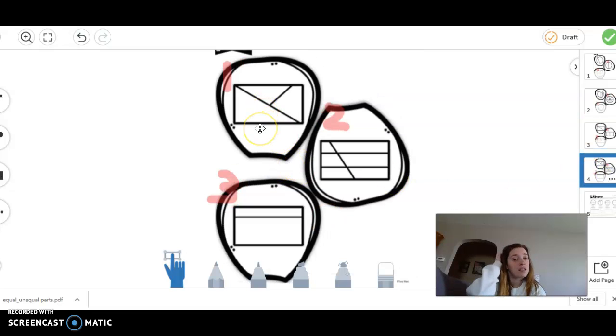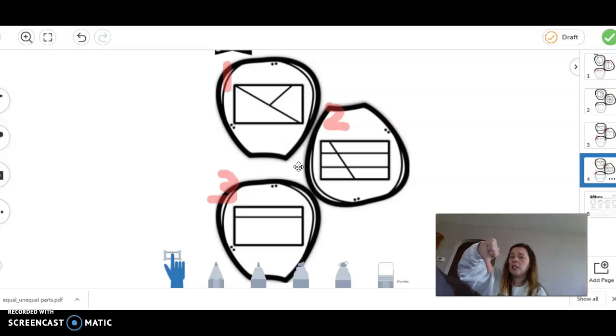All right, next one. Look at number 1 on this slide. Are they equal or unequal parts? Right, those are unequal parts. Those are not the same size. They're not even the same shape. This one's not really even a shape. Look at number 2. Are those equal or unequal parts?